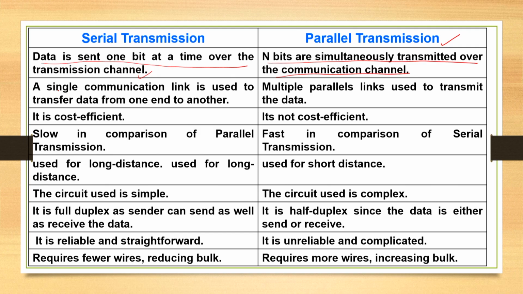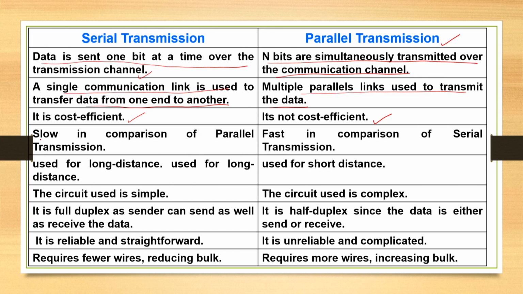A single communication link is used to transfer data from one end to another because a single bit is transferred over a transmission channel, whereas in the case of a parallel, multiple parallel links are used to transmit the data, and because of that, serial transmission is cost efficient, whereas parallel transmission is not cost efficient.